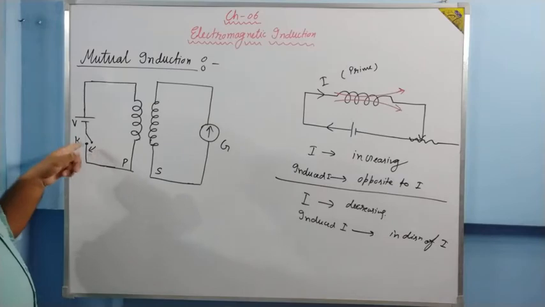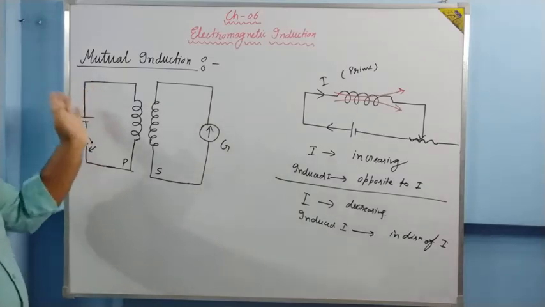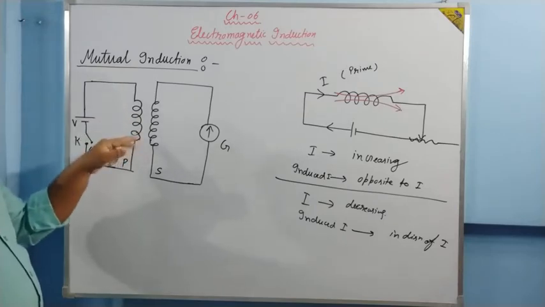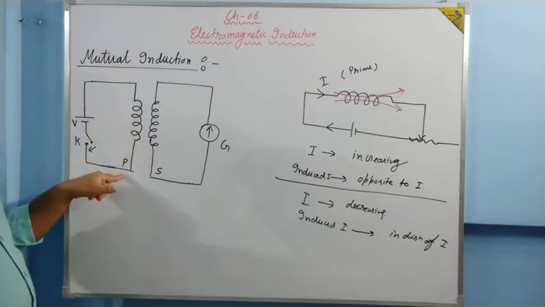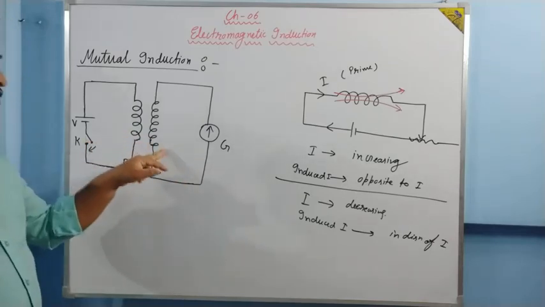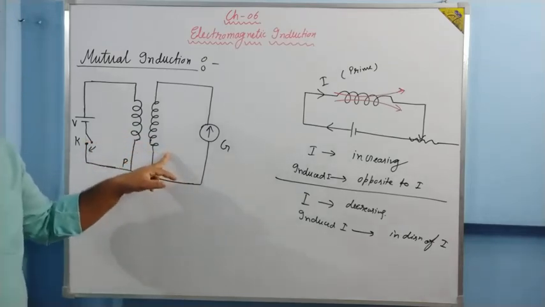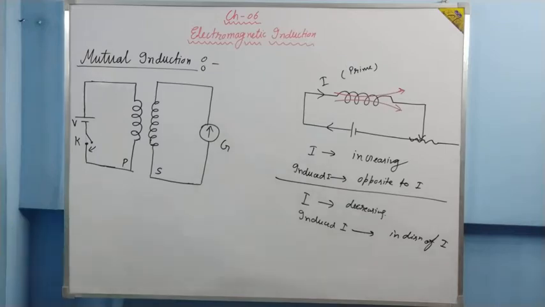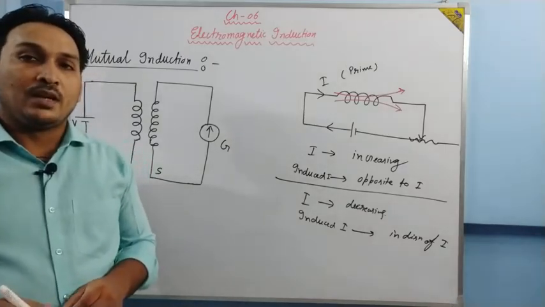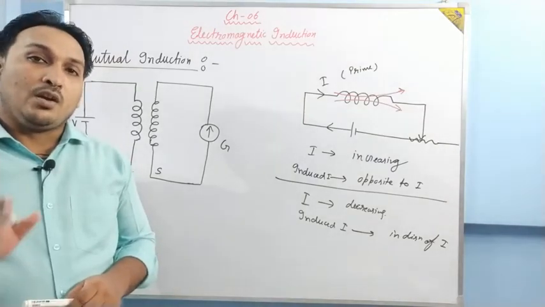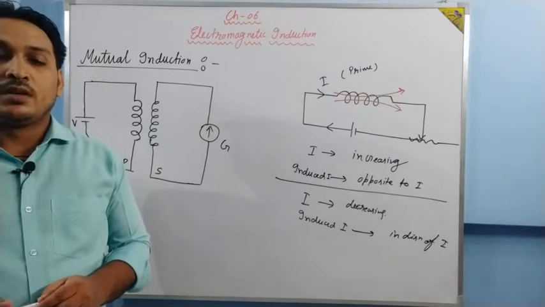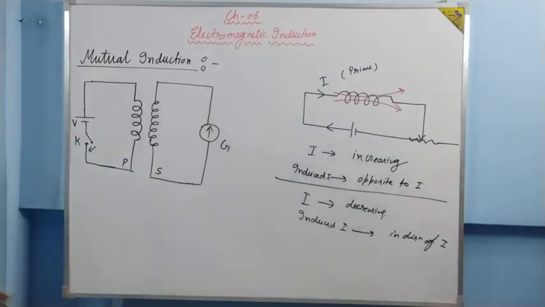When this current becomes zero, or goes from zero to something, the magnetic field changes, and some of the magnetic field of the primary coil links with the secondary coil. When this magnetic field changes, then magnetic flux also changes, and whenever there is a change of magnetic flux, EMF is induced, we all know. The nature of this EMF will be to oppose the change in the magnetic flux. Is it clear?